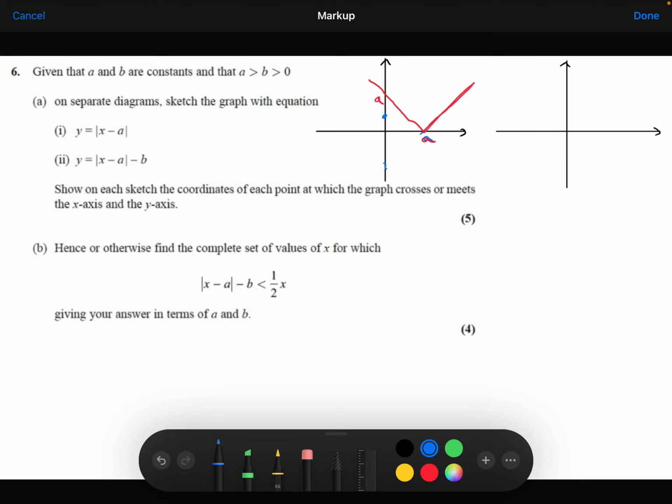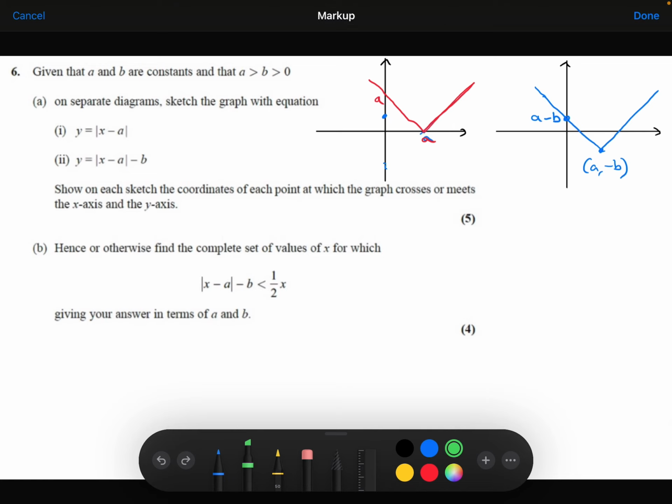So it's going to look something like this. This coordinate here is going to be the coordinate a minus b. The x coordinate was a, it always was a, just the y coordinate has been moved down from being 0 to be minus b.